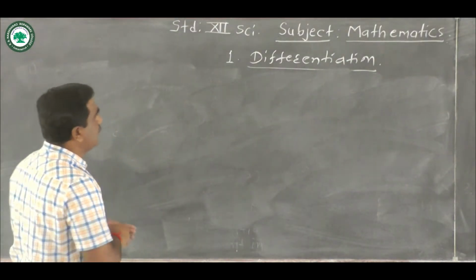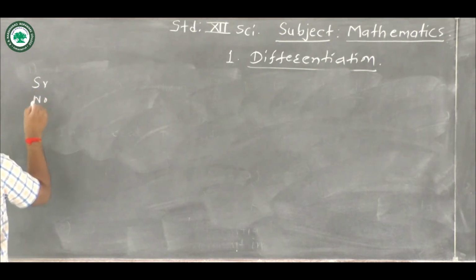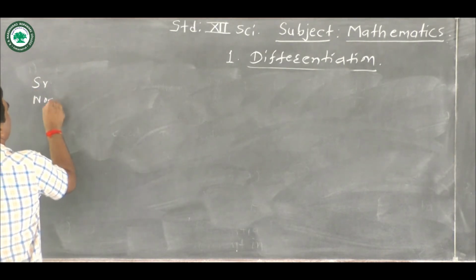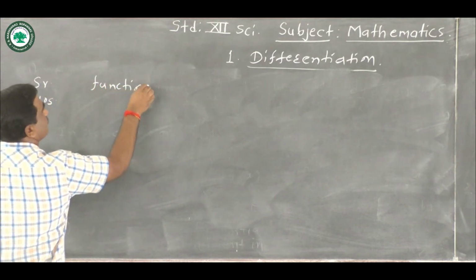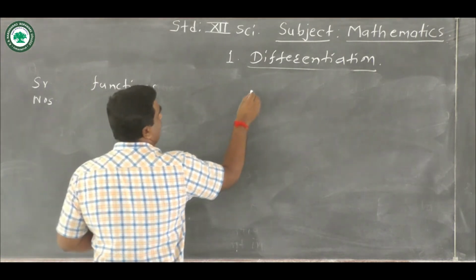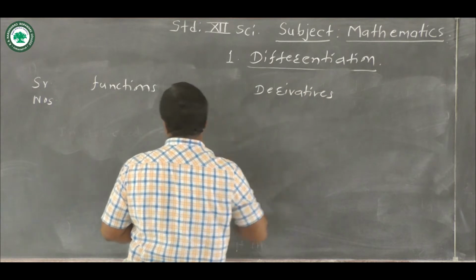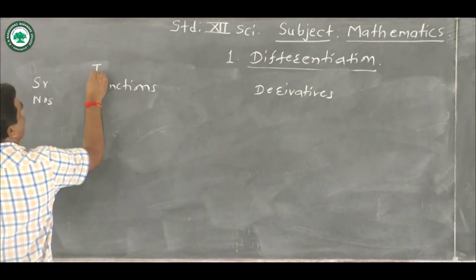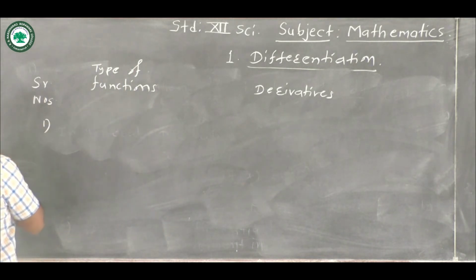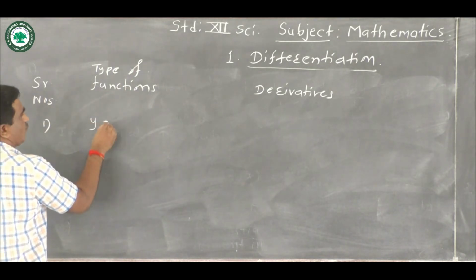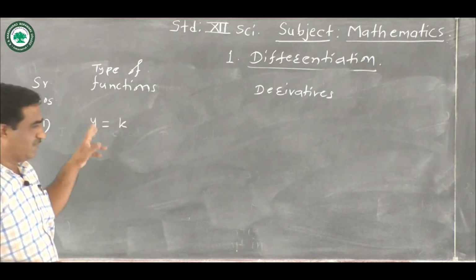Now here in first column serial numbers, you can see in tabular form serial numbers, functions and derivatives. Type of function. Number first, y is equal to k. This is a constant function.